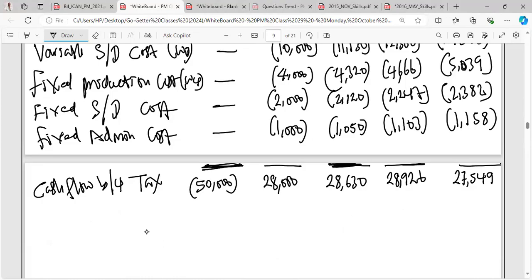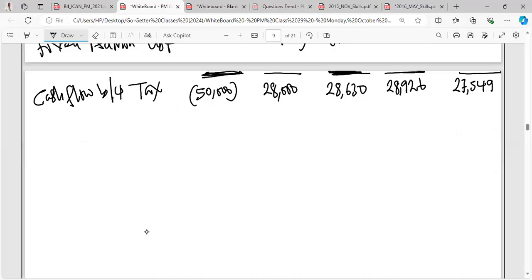Now we will need to remove tax because tax is also a cash flow. I called it cash flow before tax. I didn't call it profit before tax, although it is still profit before tax, but here they have removed the depreciation. That's fine, and so this is like cash flow. So I will need to do my tax.